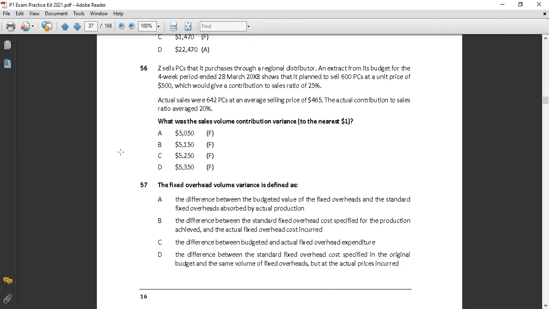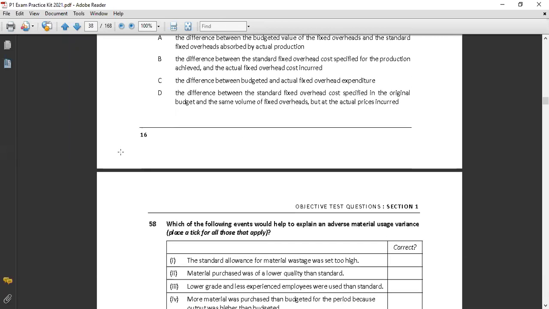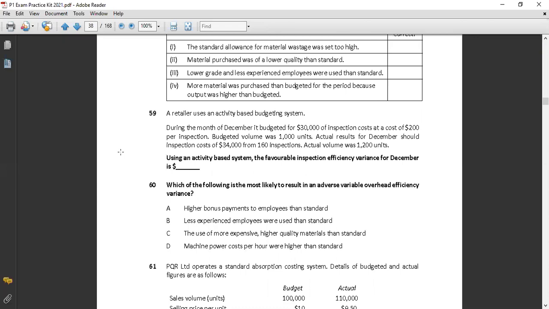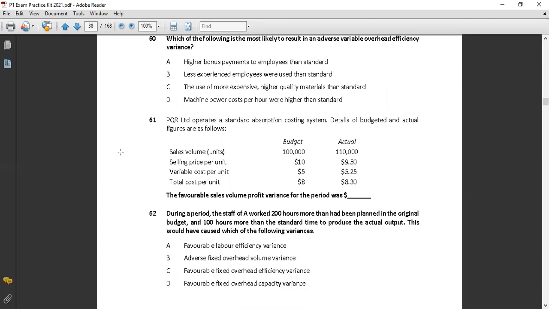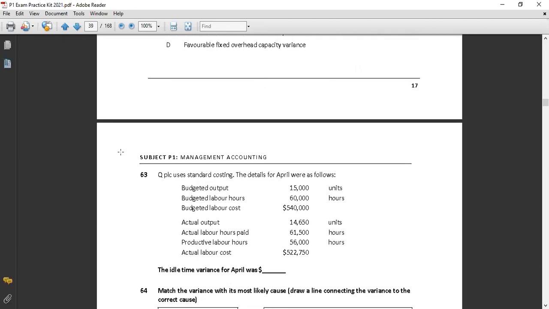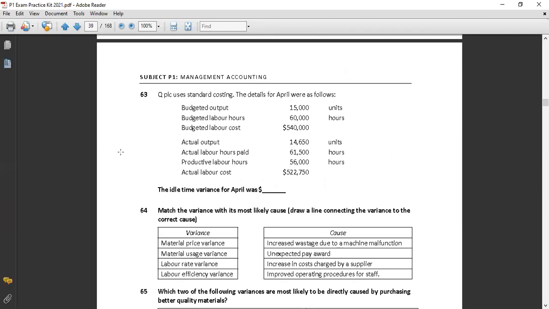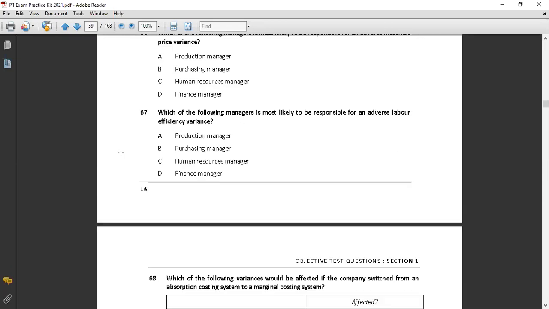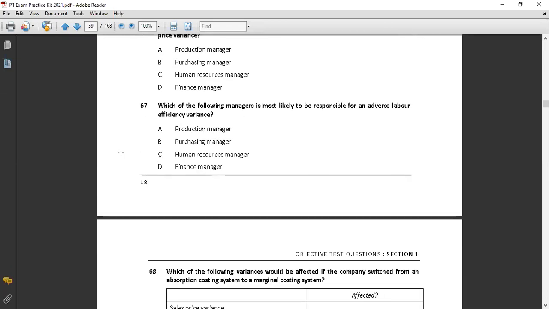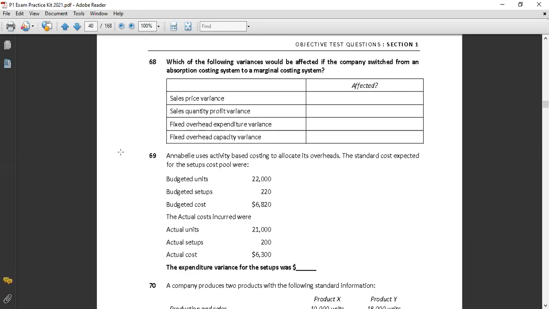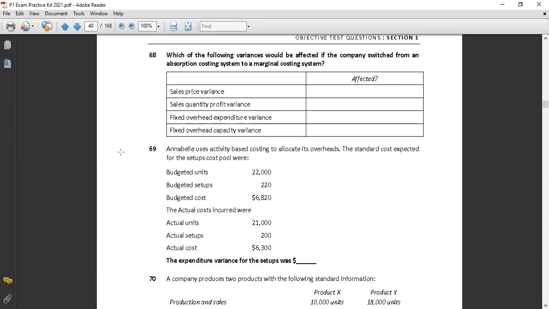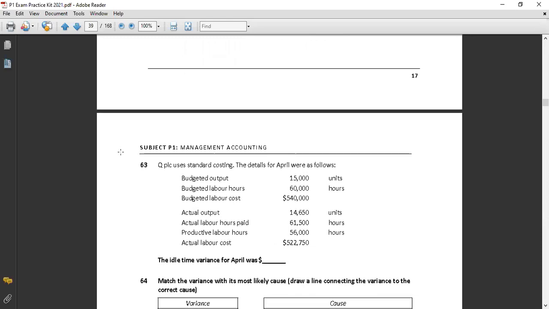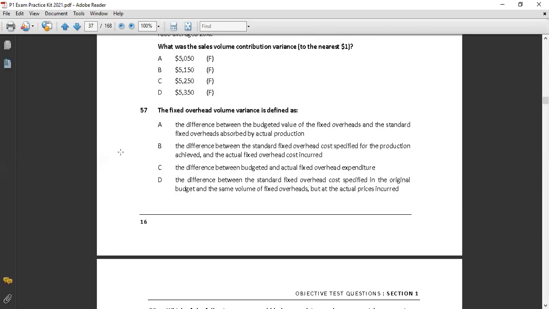We will first work out some more cost variance questions, because some more questions are given for cost variances, and then we'll come back to the sales variances. Since we have not started working on the sales variances, we'll do that after this.